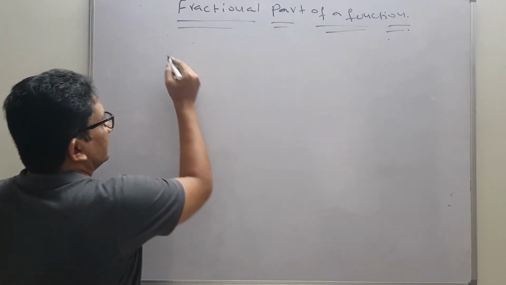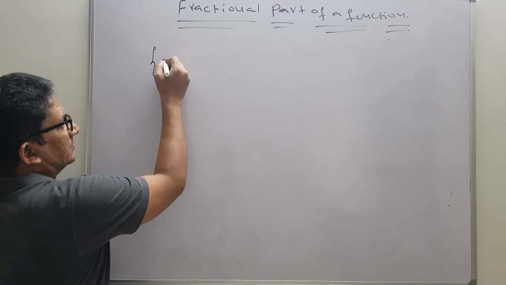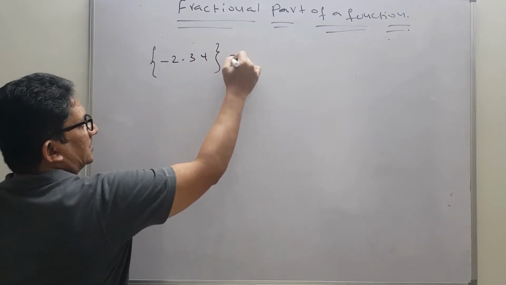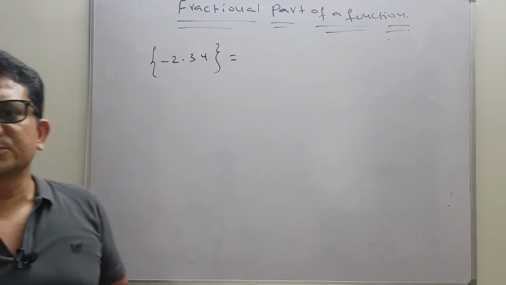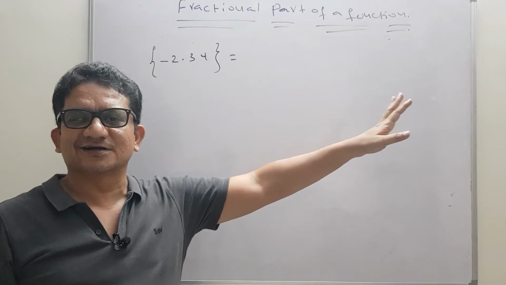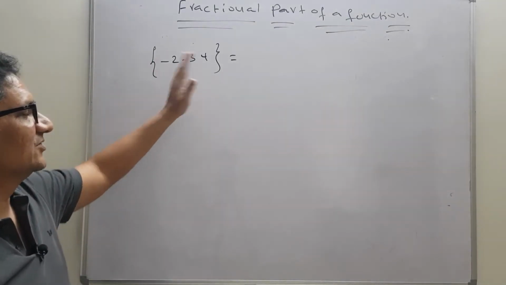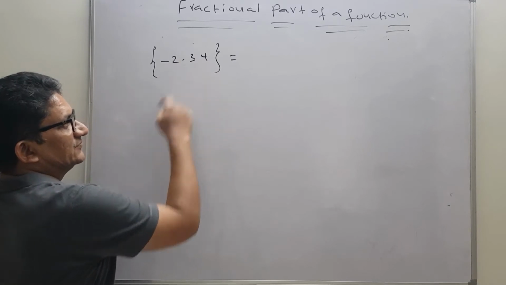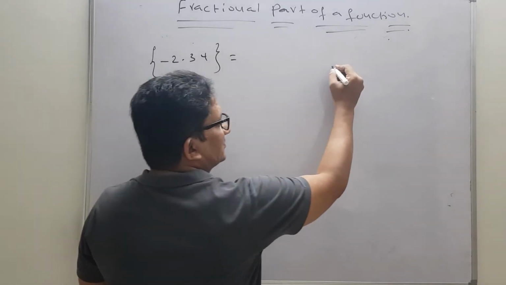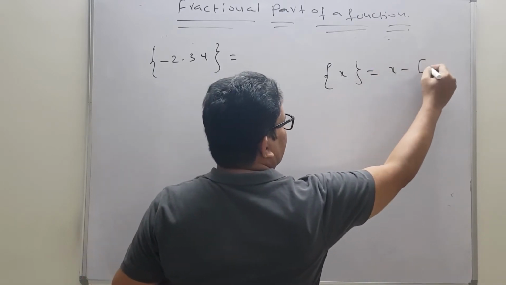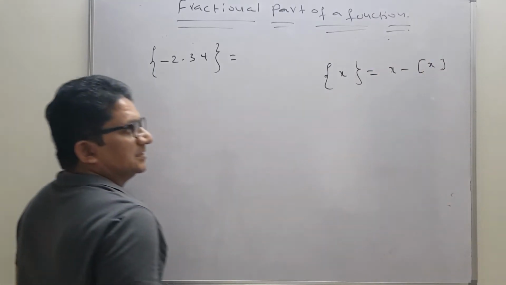Now I will talk about the fractional part of a negative real number. Suppose we want the fractional part of minus 2.34. If you think that it is 0.34, then it is absolutely wrong. The fractional part of a negative number is totally different. We can apply the formula we just saw: the fractional part of x equals x minus [x].